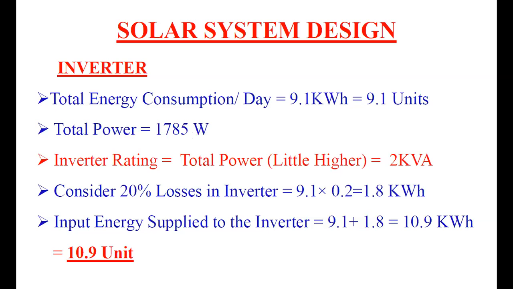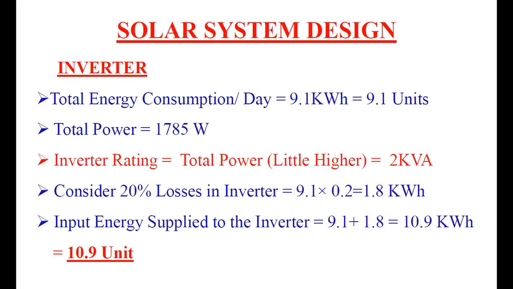The next part: there are some losses that occur in the inverter. Normally we have to consider losses in the inverter and calculate the input energy supplied to the inverter. In this case, we can assume 20% losses in the inverter.